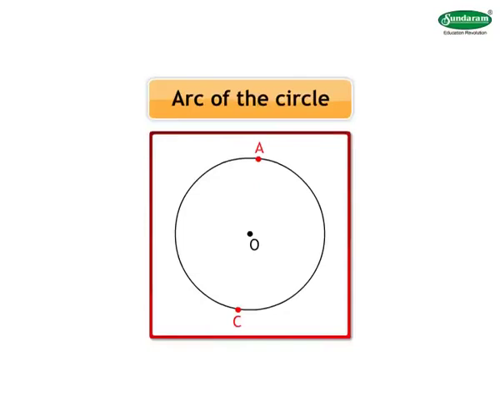We take two more points, one on each arc, B on one arc and D on the other arc. Now we name the arc using three letters as arc ABC and arc ADC to make it clear. Arc is denoted by a semicircle over the letters.